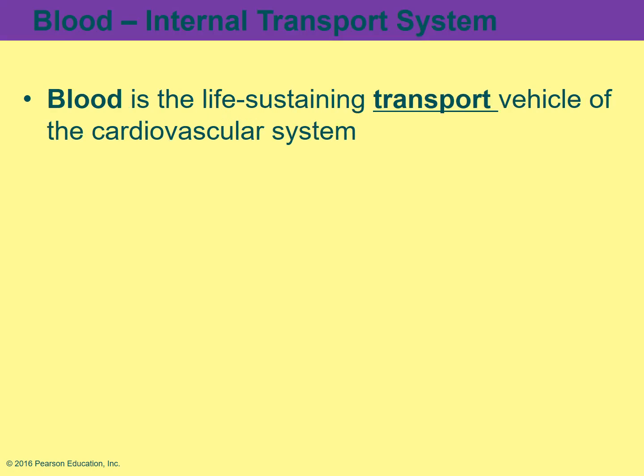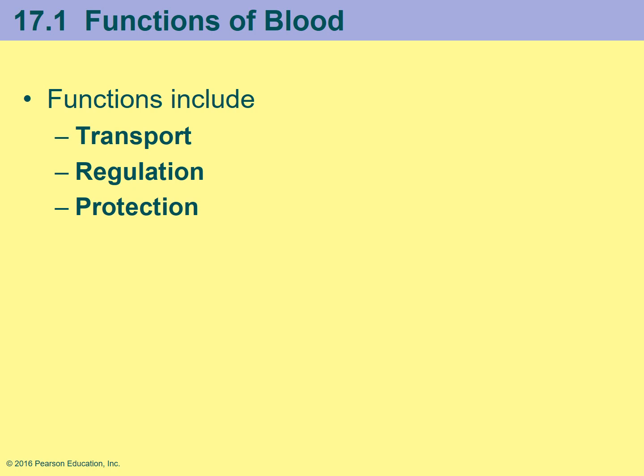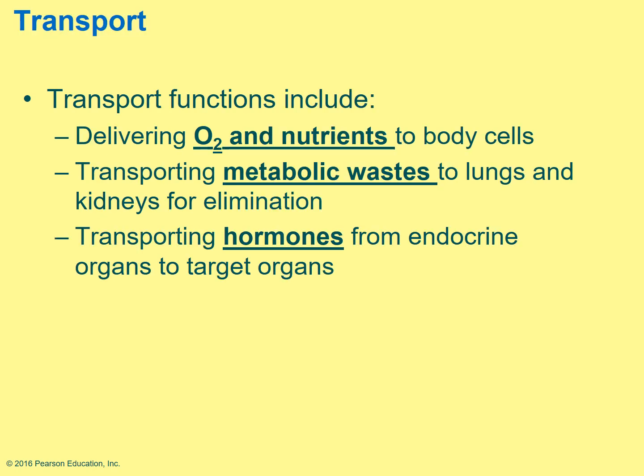Blood is a transport mechanism in the body, transporting various things such as oxygen and nutrients and waste products. It helps to deliver the oxygen and nutrients which are necessary for all cells for survival.